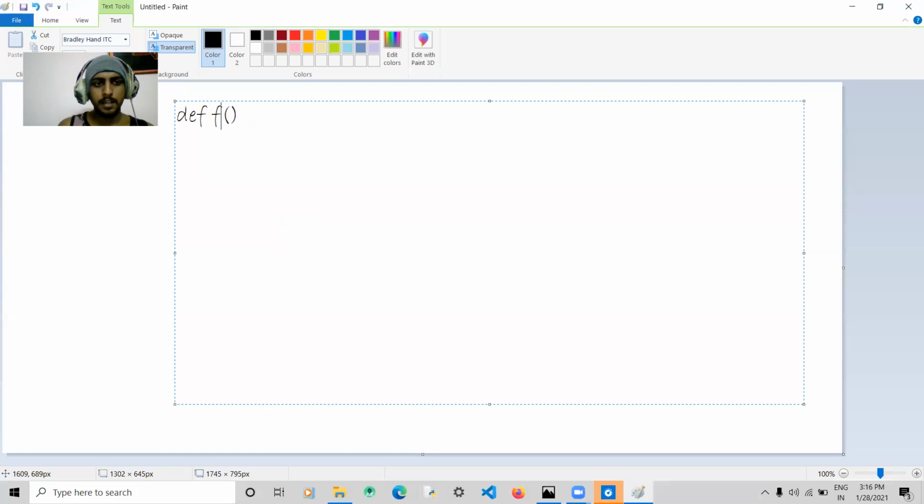So we will write our function as distinct, and it receives n.